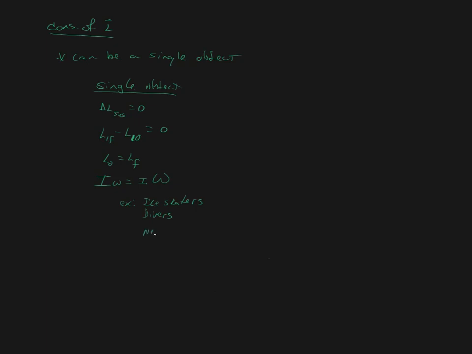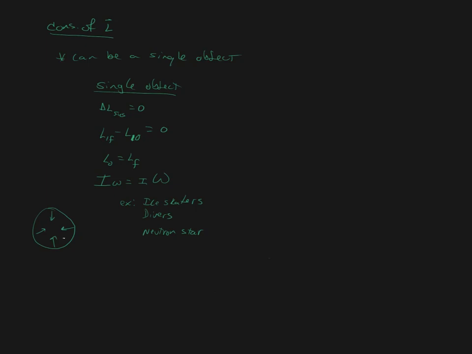The neutron star is a great example. A neutron star is a star that started out its life as a normal size star, and then there's a gravitational collapse and the star shrinks down in size as it burns out all of its fuel.